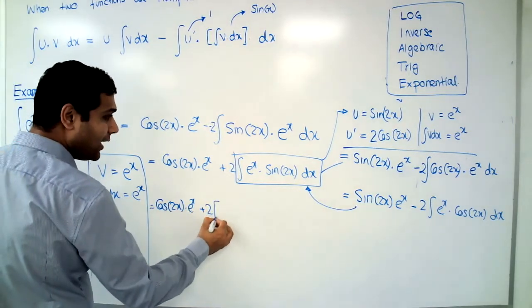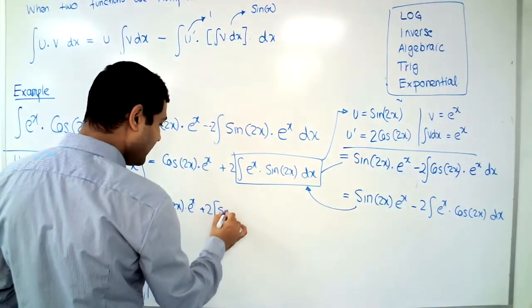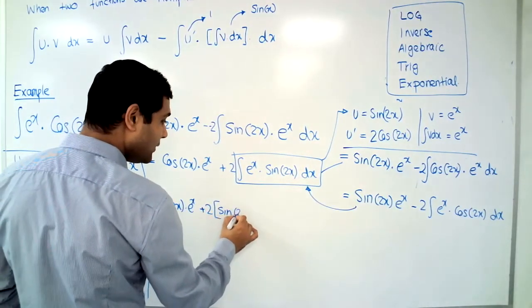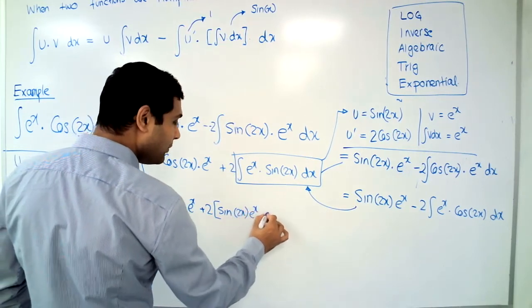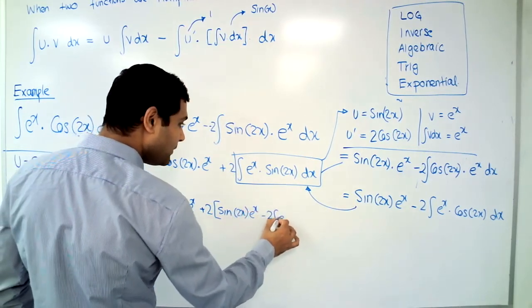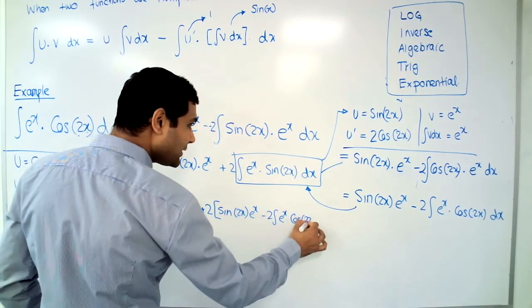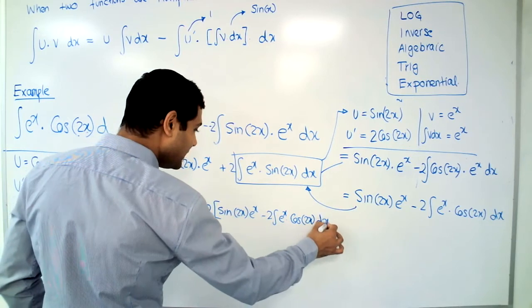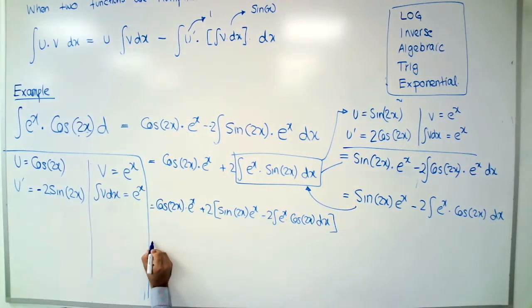Plus 2. The answer for this thing is here: sine 2x e to the x minus 2 e to the x cos 2x dx. Let's open this one up.